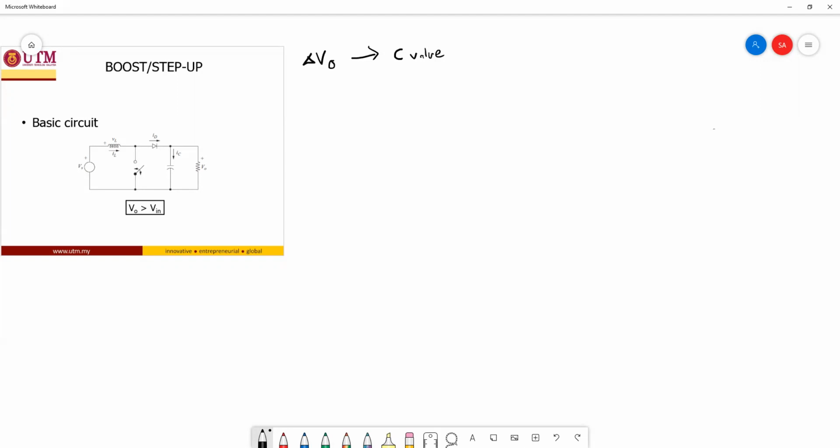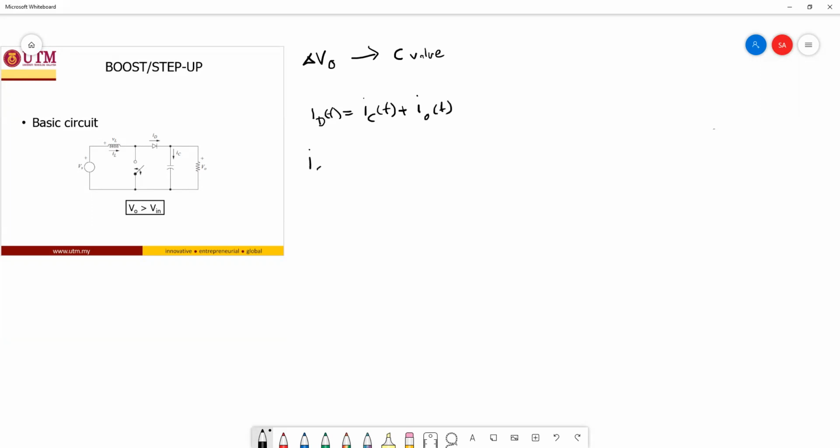with the capacitor. We will start with the capacitor current. From this circuit, KCL gives us I diode, which is time dependent, equal to IC plus I out.